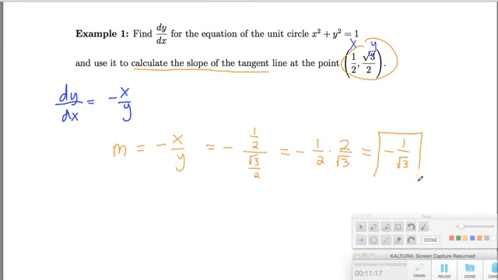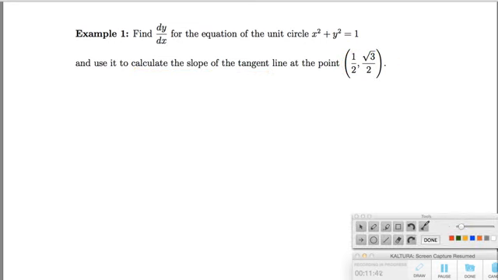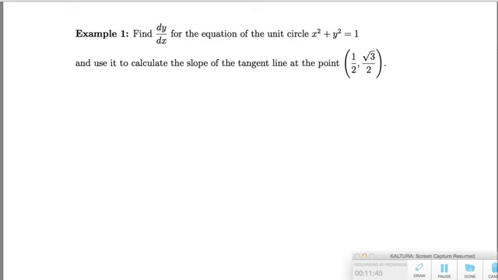So the slope of the tangent line, just like we said, is negative, and the exact value is negative 1 over square root of 3. All right, so if you're ready, we'll go on to the next example.